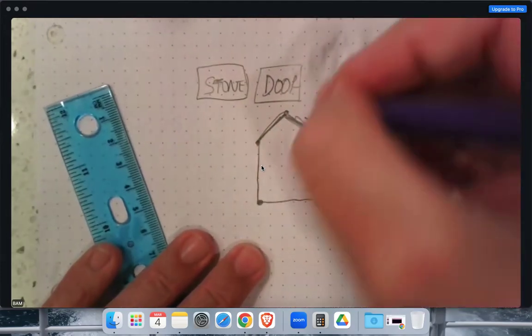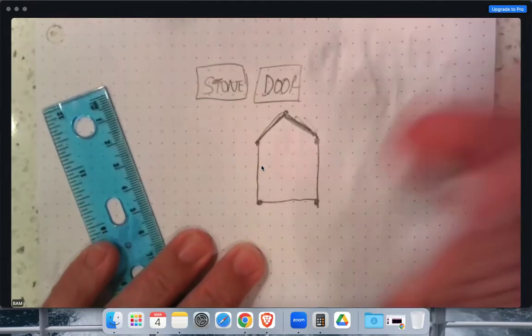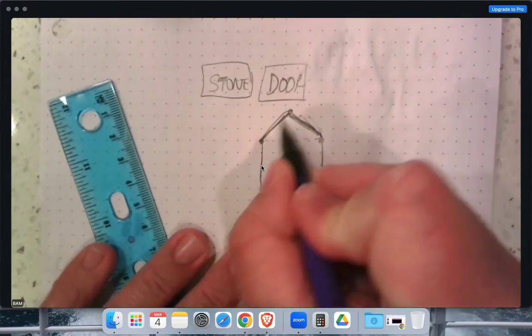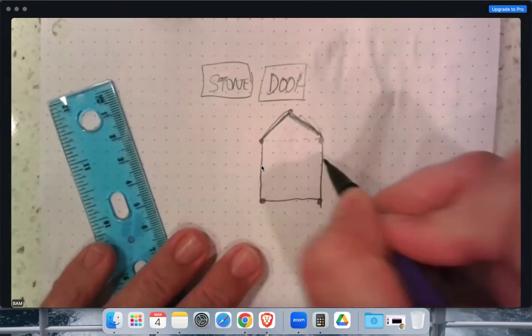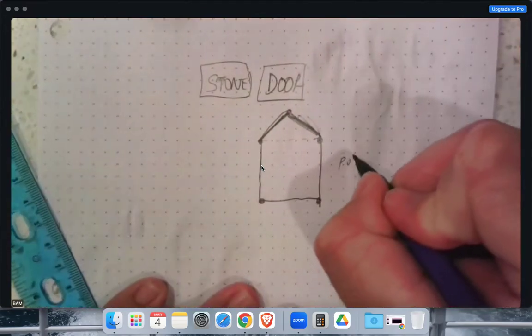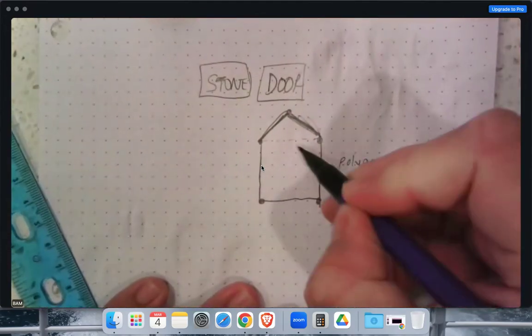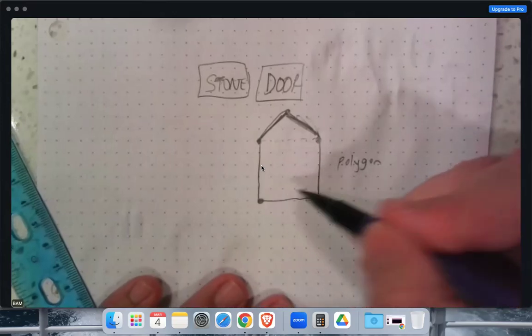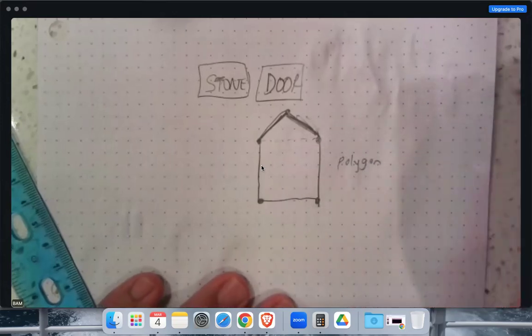So this is a model or a sketch, right? So maybe the doors, it's got a triangle kind of thing up here and a rectangle down here. This is a polygon, and we're going to have to calculate the area of it. But then there's a stone that covers it, at least somewhat.